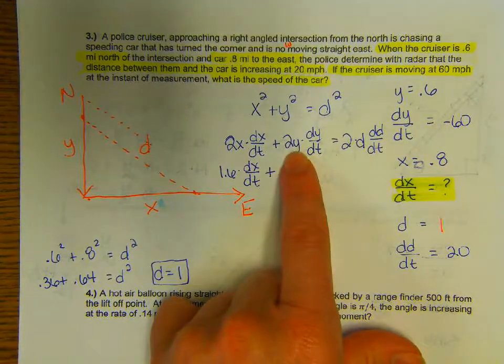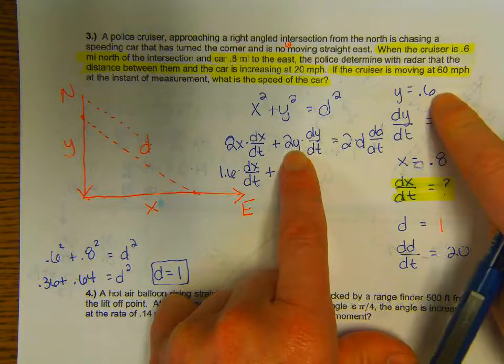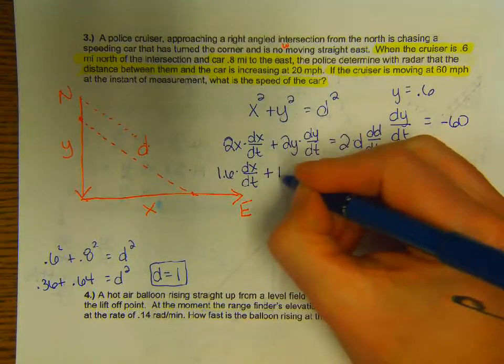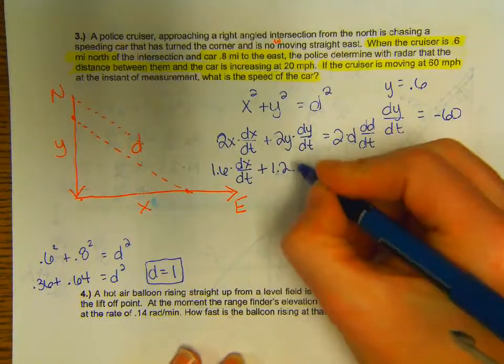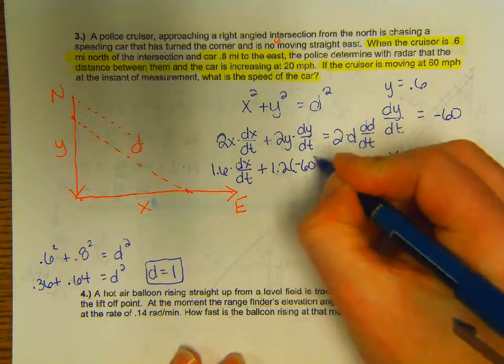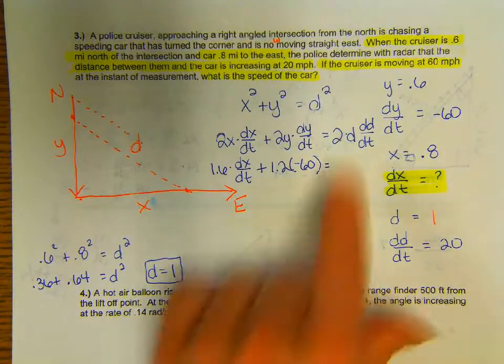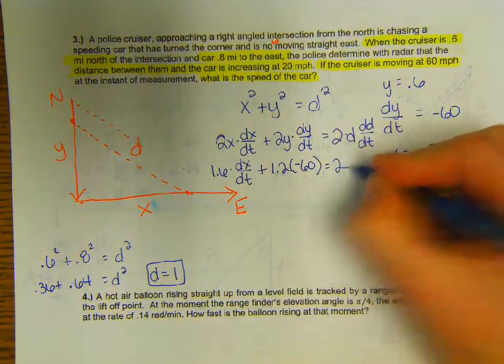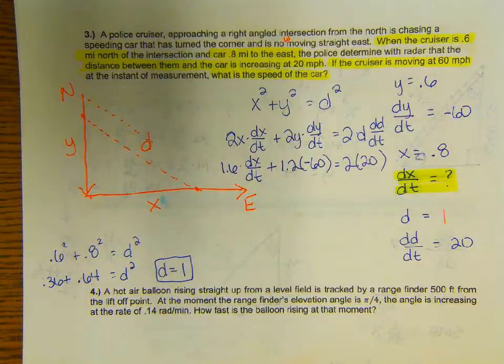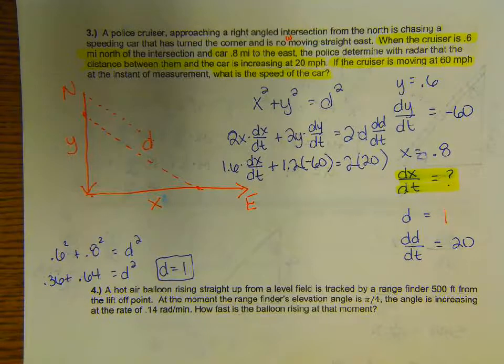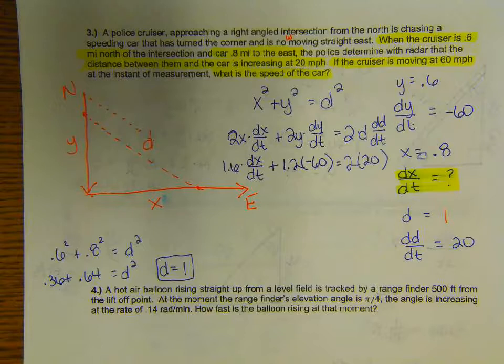Instead of 2y, I'm going to write 2 times 0.6, which is 1.2, times negative 60, equals 2 times 1, which is 2, times 20. All right, can you guys solve for dx/dt?